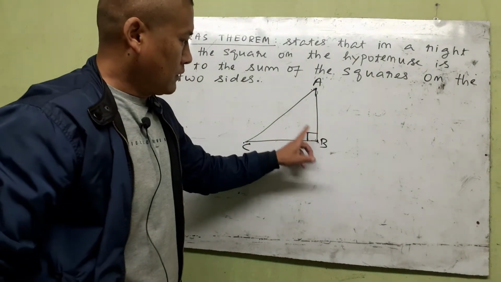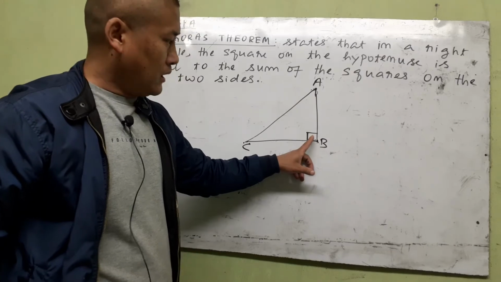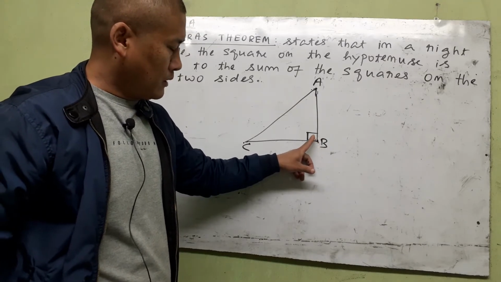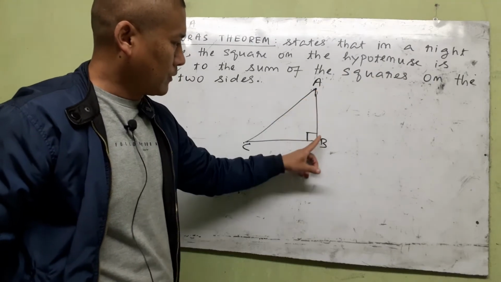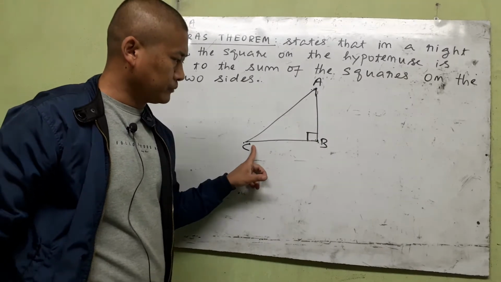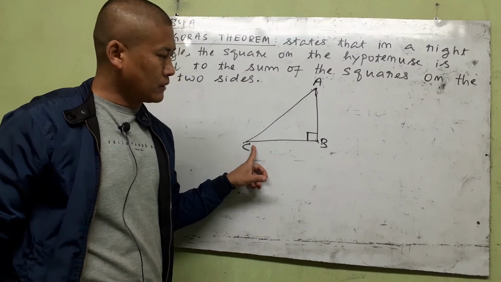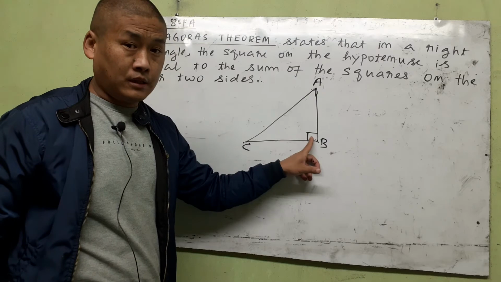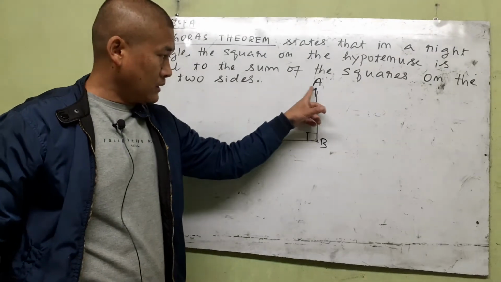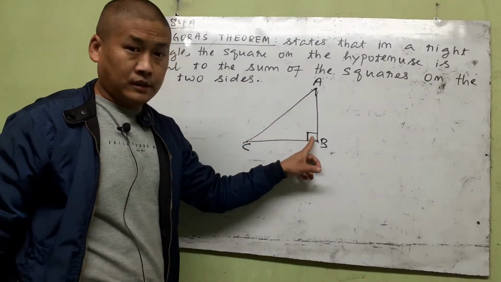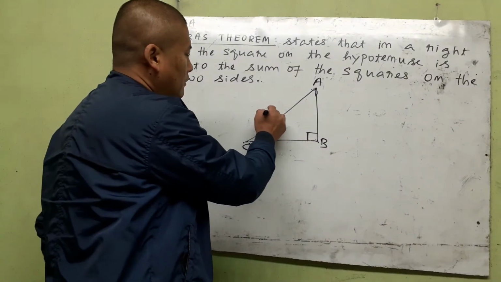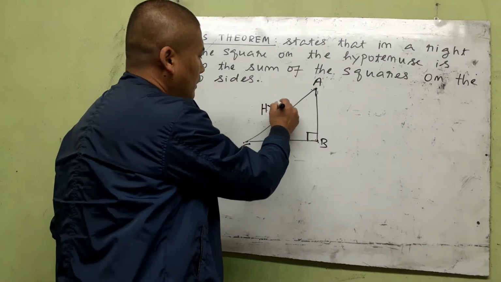So the two sides of the triangle that make the arms of this angle B, which is 90 degrees, are BA and BC. Then which side doesn't make the arm of this angle? Yes, that's right. AC is not the arm of the 90 degree angle B. That one is called the hypotenuse.